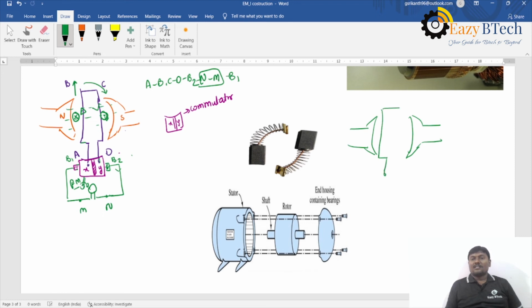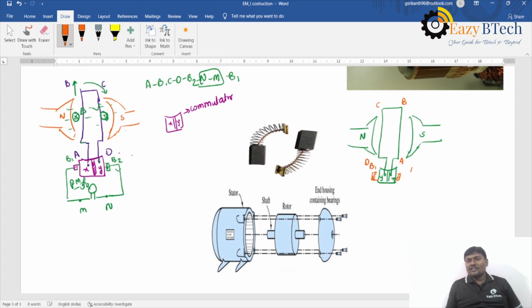After half rotation, what will happen? The conductor CD comes under the north pole, and conductor AB comes under the south pole.